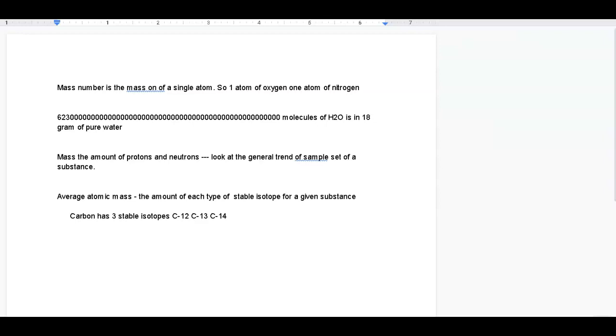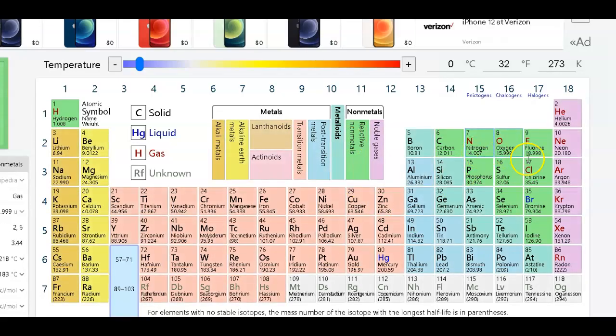So if we're doing nitrogen, it will have 7 protons. Sometimes it has 8, so the mass would be 15. Sometimes it has 7, so the mass would be 14. And that just depends on the number of neutrons, because nitrogen is nitrogen because there are 7 protons.